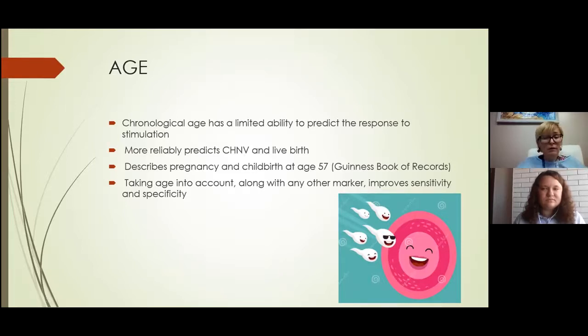In most cases, the limit of age when we have the possibility to receive acceptable quality own eggs is around 43, 44 years old. We should always take age into account when we discuss ovarian reserve testing and probability of pregnancy.